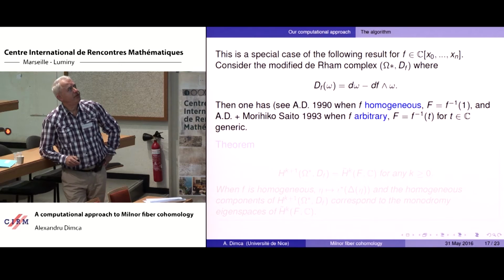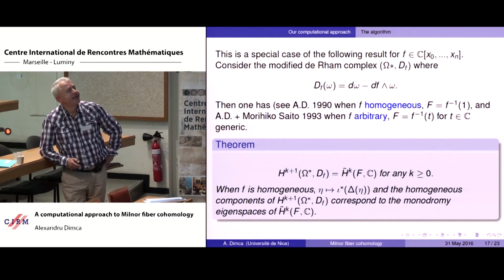Consider the modified Koszul complex, modified in the sense that I use a new differential like that. And then one has the following result, which I proved in the case of a homogeneous polynomial alone, where f is the Milnor fiber, and then in my first paper with Morihiko Saito, when f is an arbitrary polynomial and F is now the generic fiber of the polynomial.